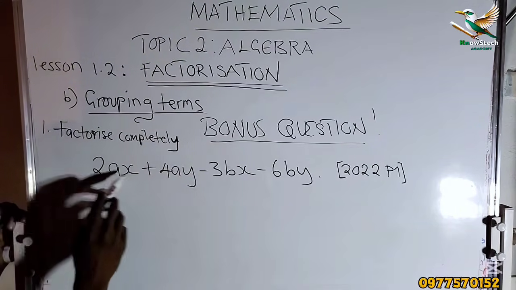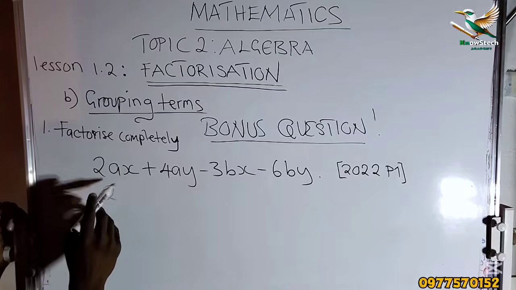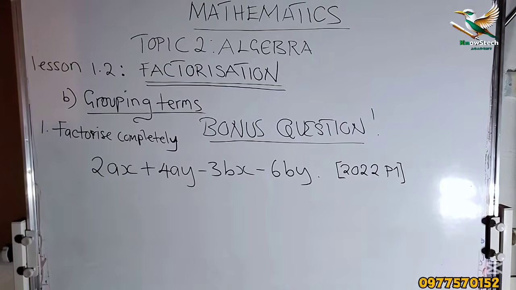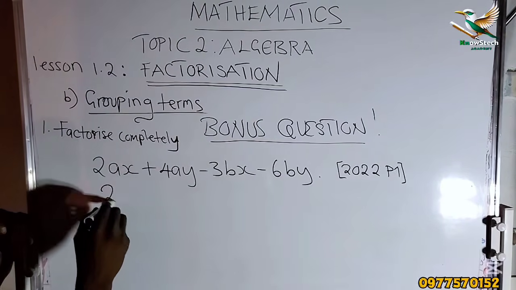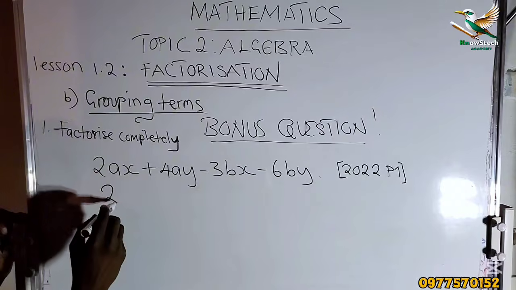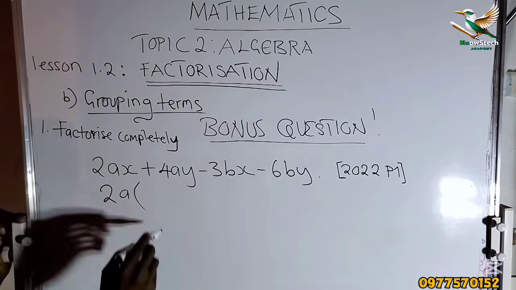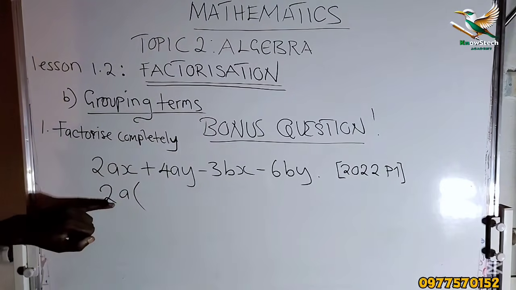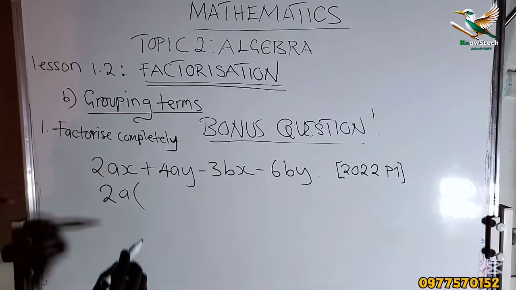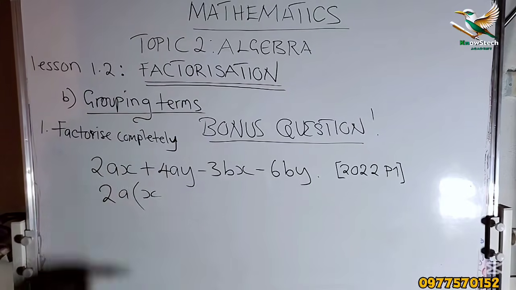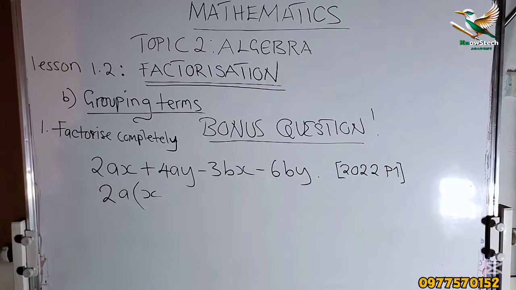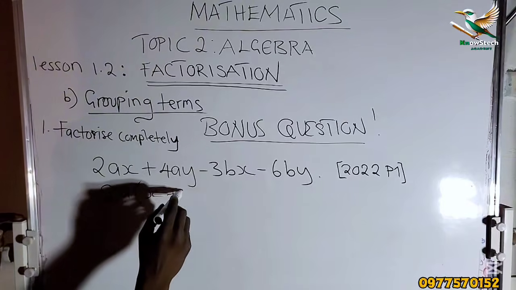Now, 2 can go into 4, so 2 is common. A is also common. So 2A and 2A will cancel, just remain with X. 2 into 4 is positive 2.